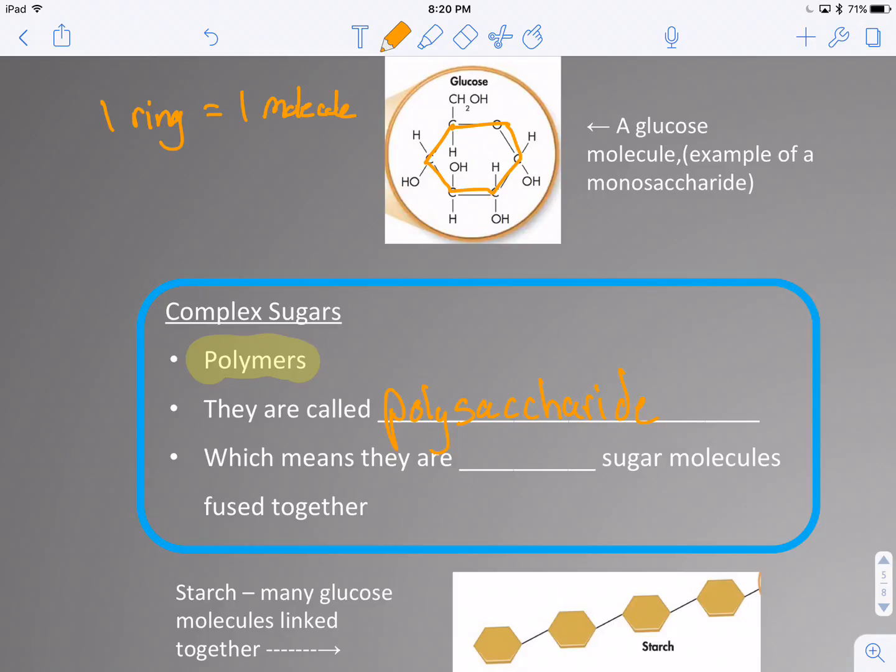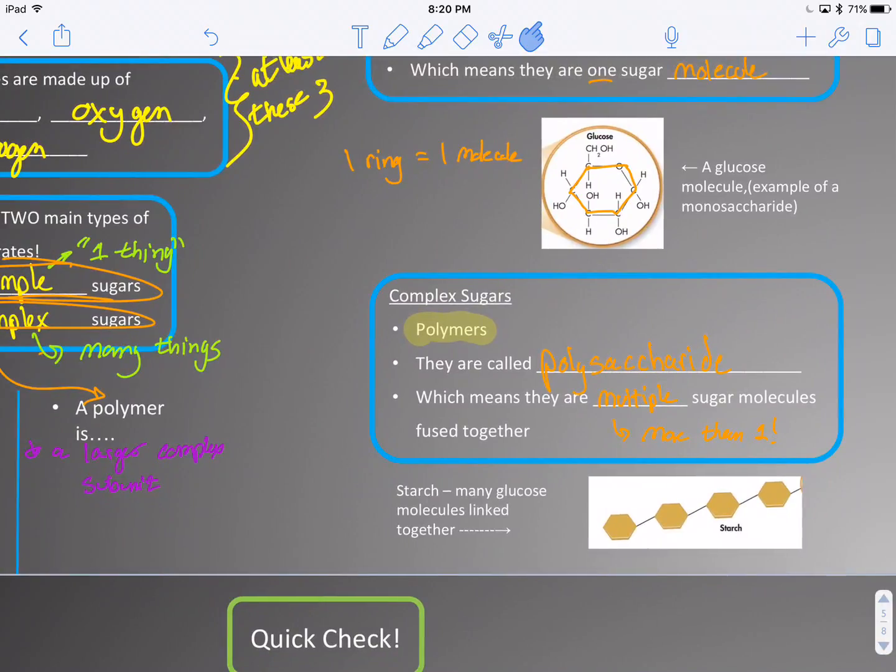These are multiple sugar molecules fused together, more than one.